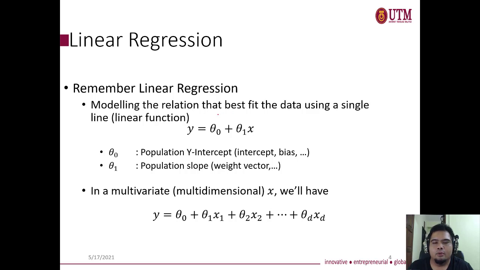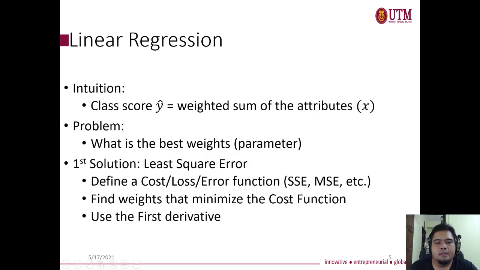Previously you were always familiar with using beta instead of theta. So this one should be your beta naught, and this one should be your beta 1. Everything shall become beta naught, beta 1, beta 2, and up to beta d. It's the same thing. That is a linear regression.